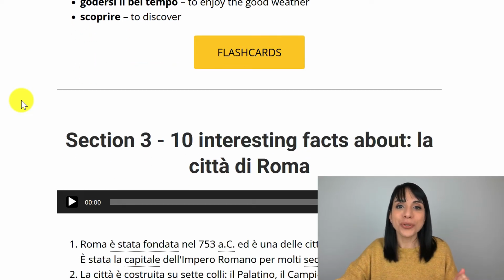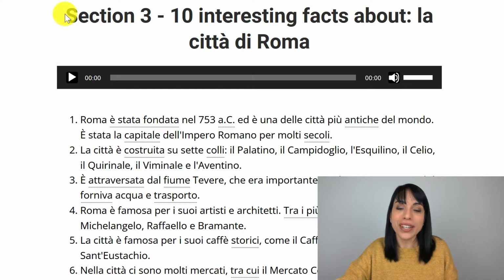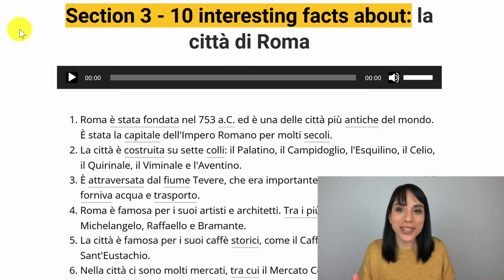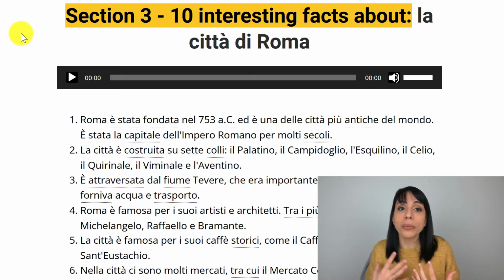Okay, after section 2, we have actually a section 3 that's called 10 interesting facts about. So the idea here is that I wanted to include some interesting facts, some top curiosities, so that you can learn about the most interesting facts that even many native Italians are unaware of regarding some of our most iconic places and traditions.